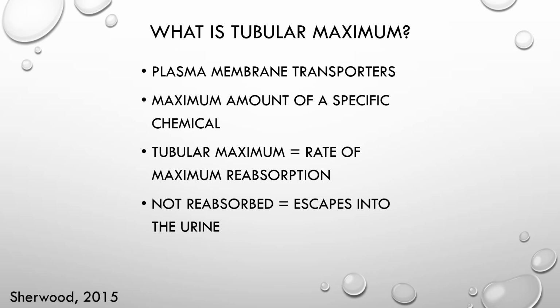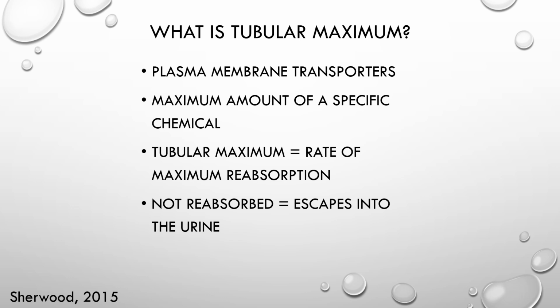There is a maximum amount of a specific chemical that may be actively transported from the tubular fluid in a given time period, which is only a finite number for each carrier type.